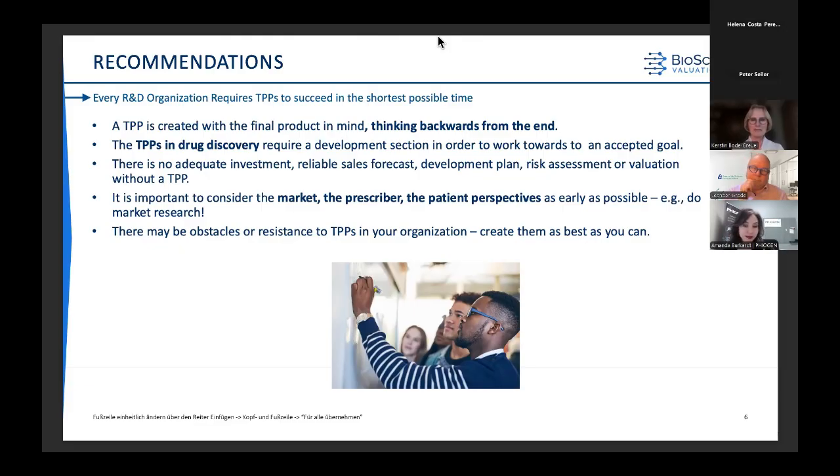I would say definitely. For me, I would even go one step further. All the times when you invest in R&D, and not always life science, and you have a stepwise investment policy, plus you have to consider regulatory aspects and market aspects, it's always useful to have a TPP.